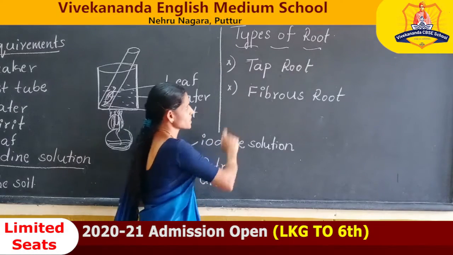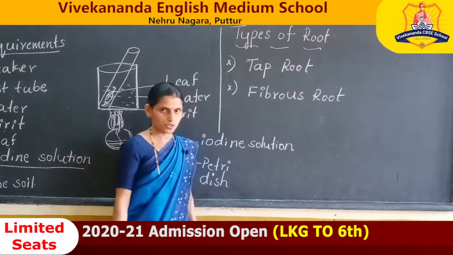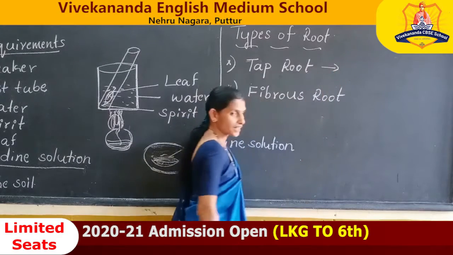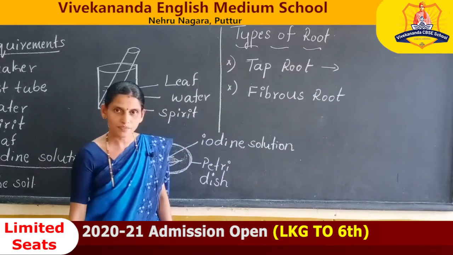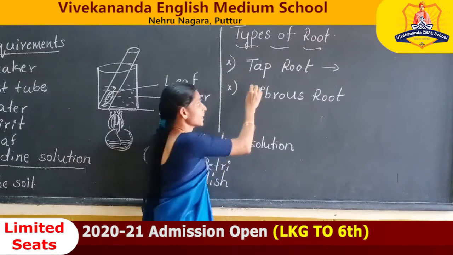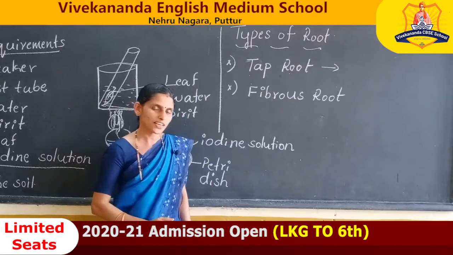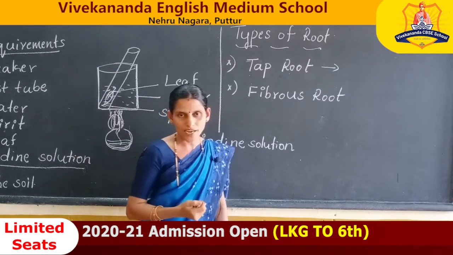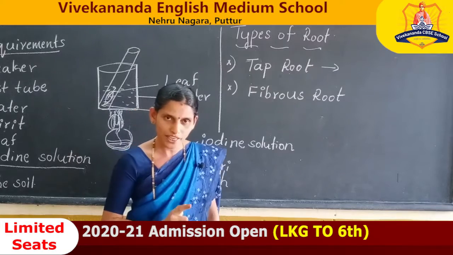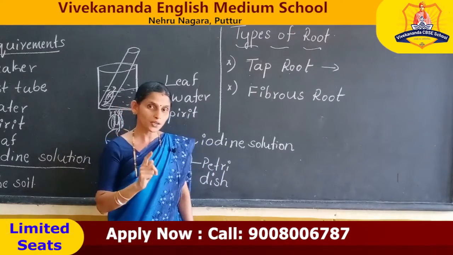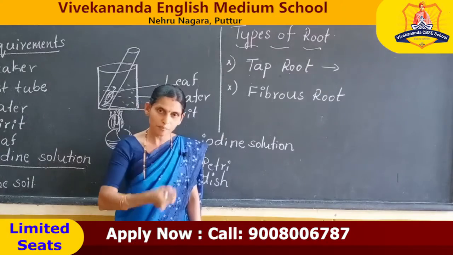What is tap root and what is fibrous root? If you take the root of a tulsi plant or hibiscus plant, that type of root is called tap root. Why is it called tap root? Some plants have only one main root and other branches, lateral roots, develop from the main root.